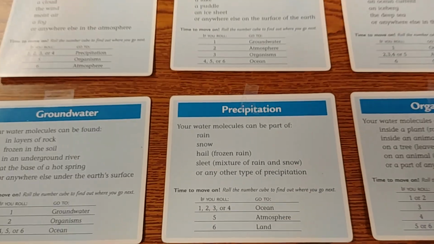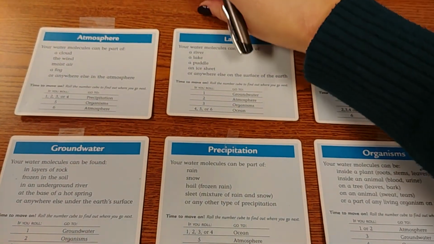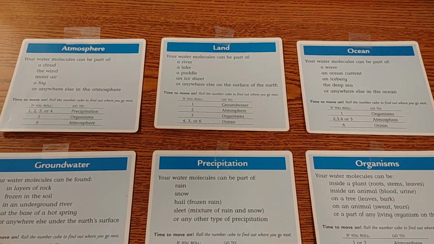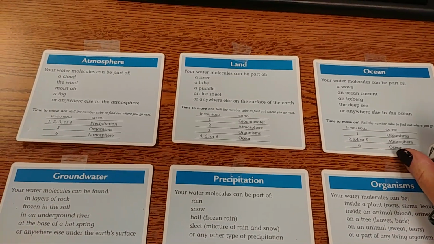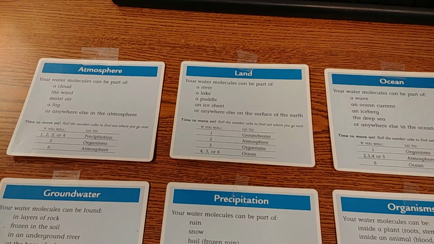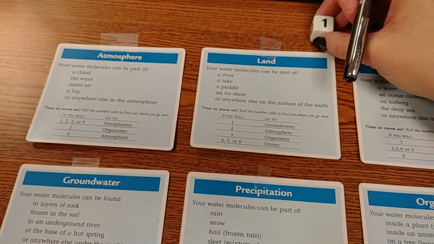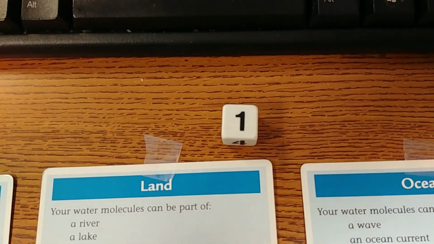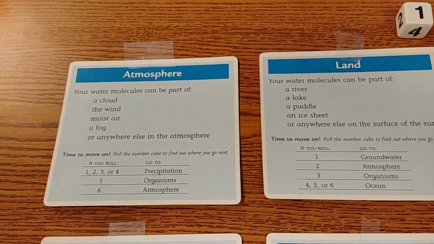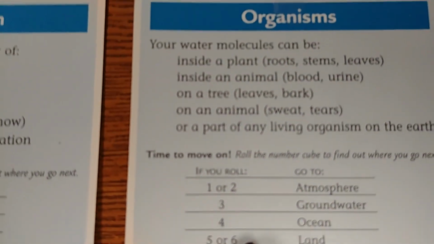So I will take a look over here. You guys will roll your die. So you roll your die, and this would be where you would go next. So let's say that I roll a 1, and so I'd look down here.